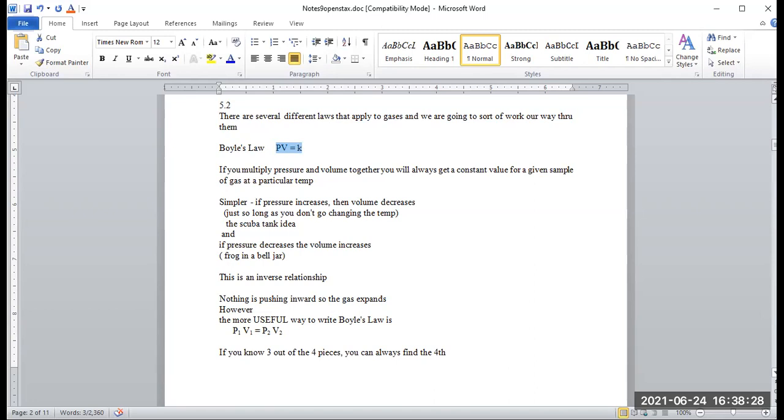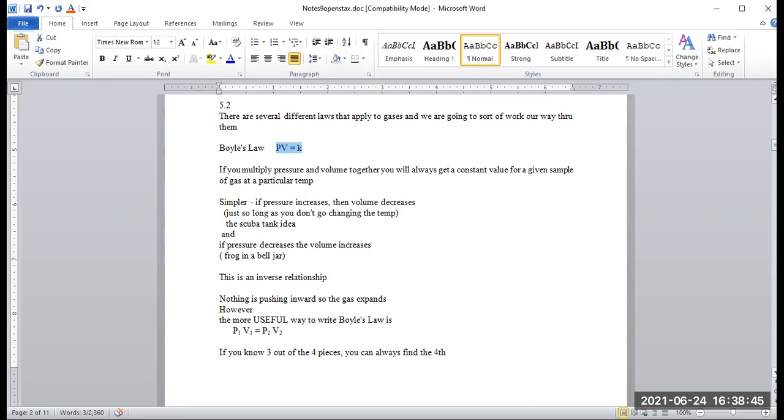So you get this upside down, or inverse, relationship. When the pressure goes up, the volume goes down.